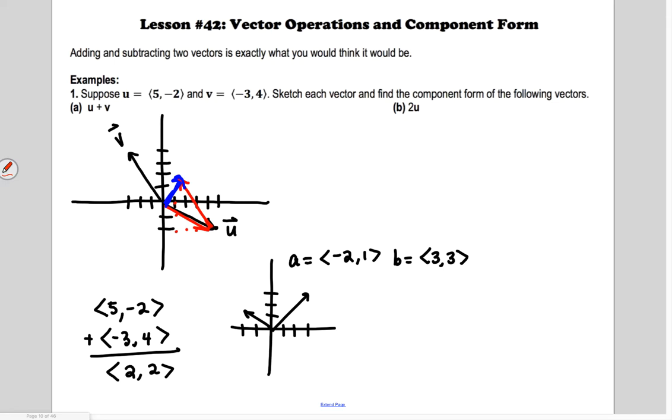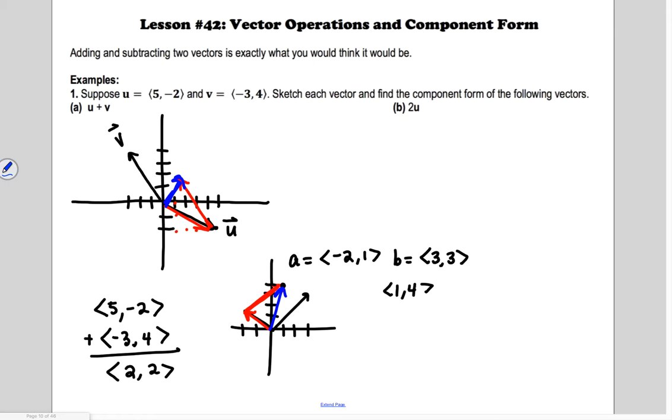So what I do is I start with my first vector, and then I add the second vector to it in that same direction. And if you do it correctly, you should get the two things added together. So negative 2 plus 3 ends up being 1. 1 plus 3 ends up being 4. Does that look like it's the vector 1, 4? Yeah. So our resultant vector is what we call it, is right there.